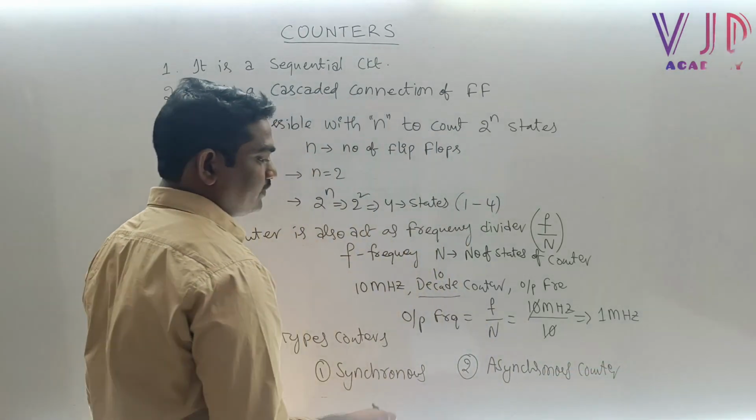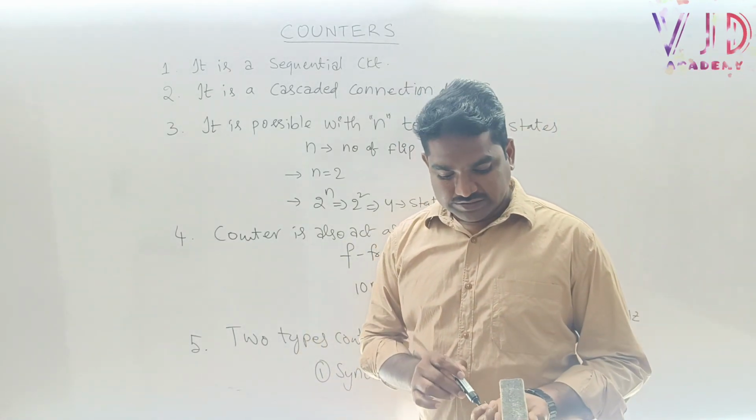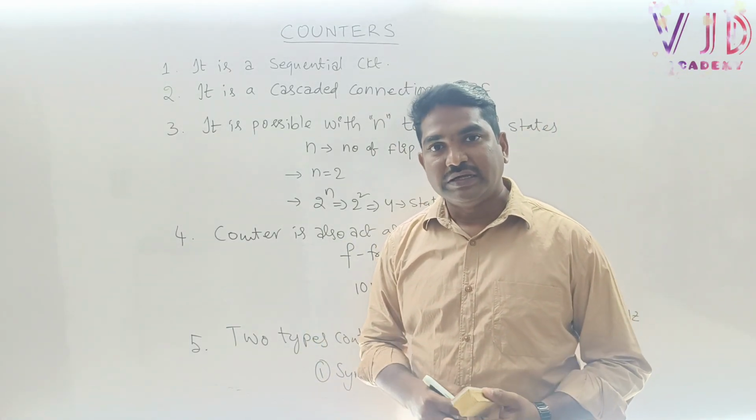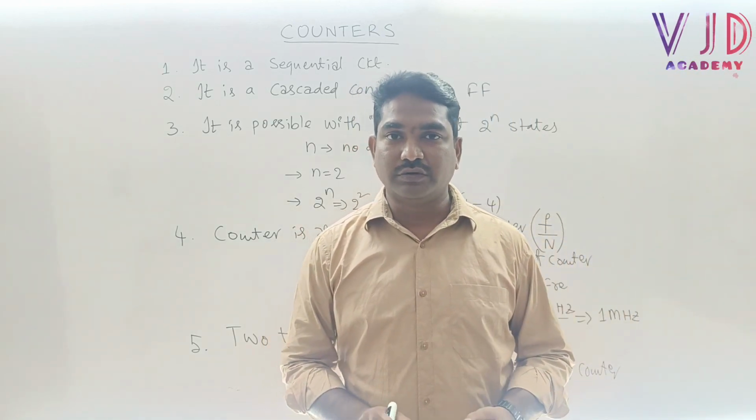These are the two types of counters. Now let us try to understand what a synchronous counter and an asynchronous counter are. Even the differences between the two types of counters we will see.